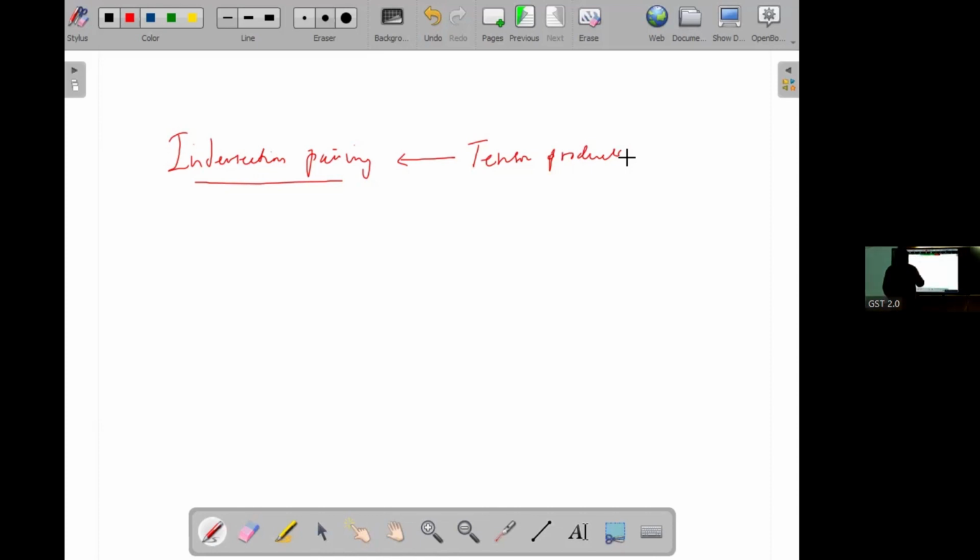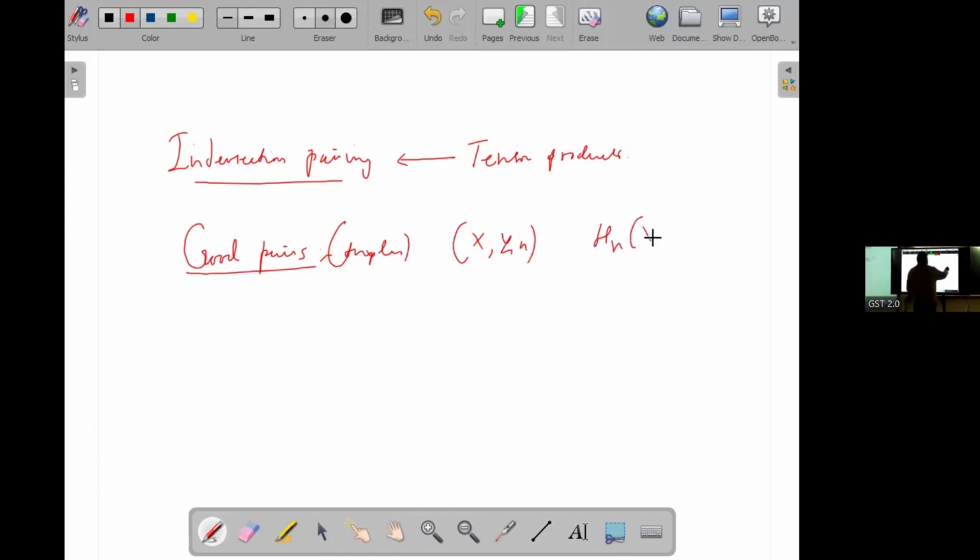So what you would really like is to have what are known as good pairs, or triples, if you like, which are things of this type, where H_n of (X, Y), the singular homology, is free.